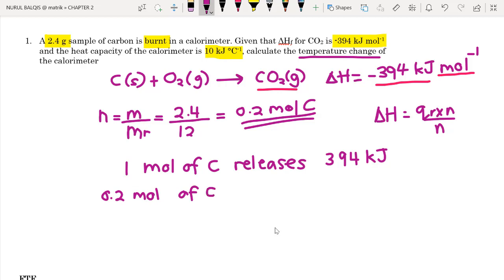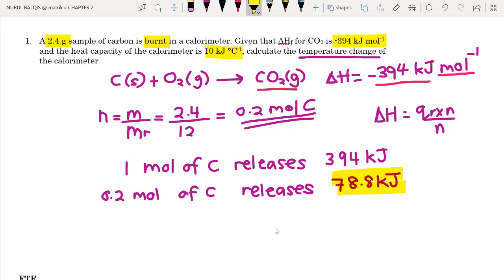We're going to cross multiply this value, and you're going to get a value of 78.8 kilojoule. So this is going to be our Q reaction, 78.8 kilojoule.